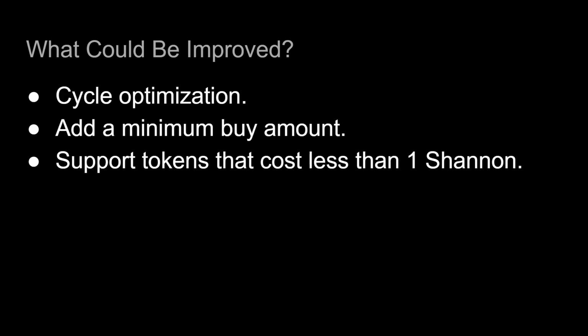If they wanted to produce an absolutely ginormous amount of tokens, they have that ability. And if they do that, they probably would have a very, very cheap cost per token, in which case it might cost much less than 1 Shannon. That's also why you'd want to have that minimum buy amount in there, just in case, as a precaution to shut down anybody who wants to do a denial of service during your ICO.